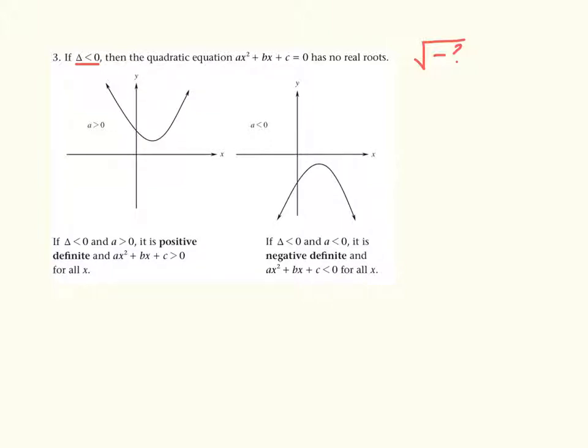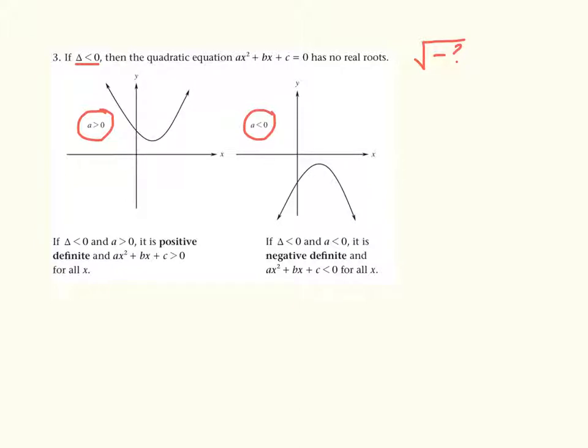The way we work out which is we look at the a. If a is positive, it's going to be concave up, so the whole parabola will be above the x-axis. If a is negative, then the parabola will be upside down, concave down, and the whole thing will be below the x-axis.